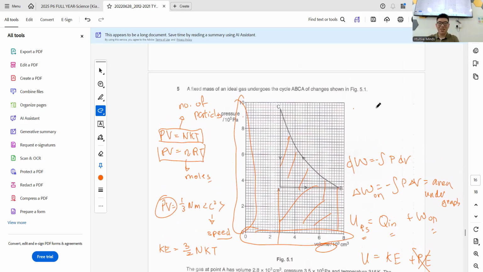Something like a P and a V. Okay, it's something related to the internal energy.